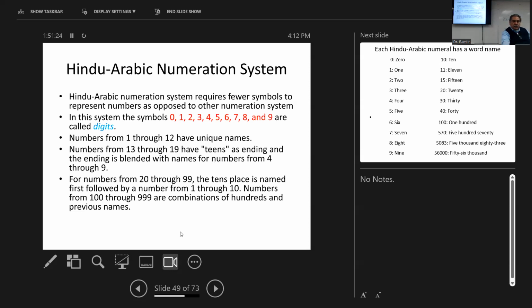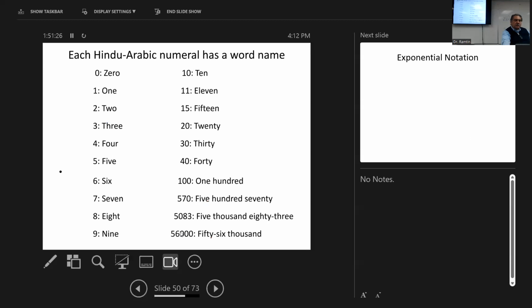And these are very simple things. Each Hindu Arabic numeral has a word name. Those are obvious ones. This one is 56,000, because this is in the position of 1,000. This one is 570, the position of the 100 and then the 7.